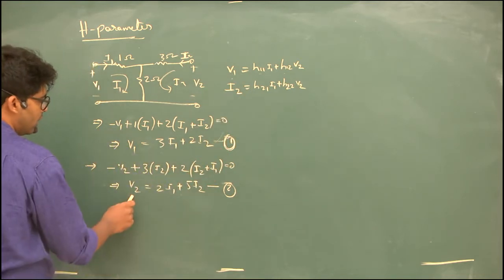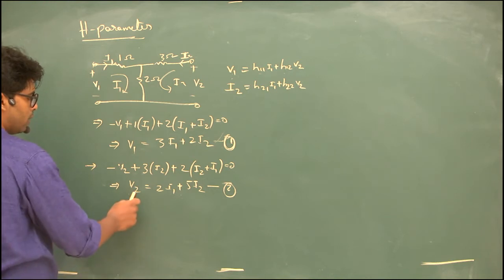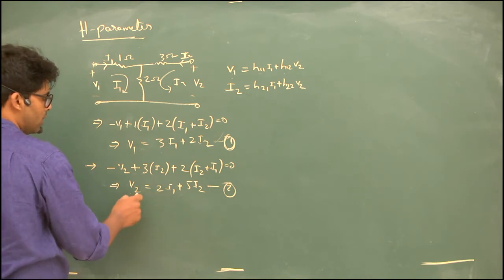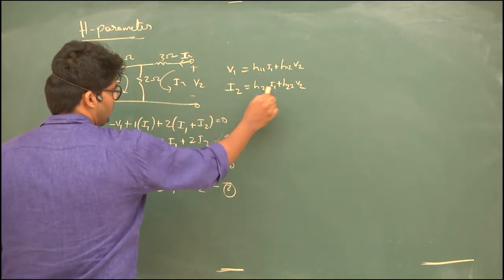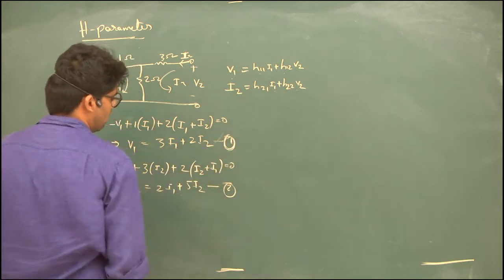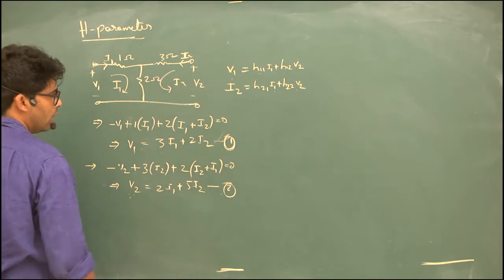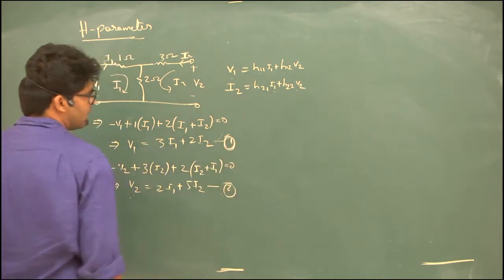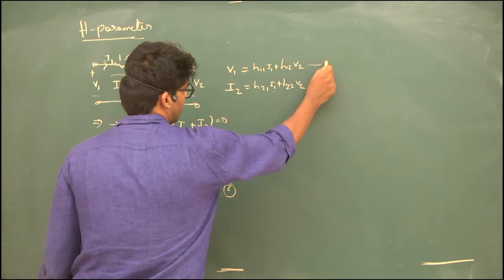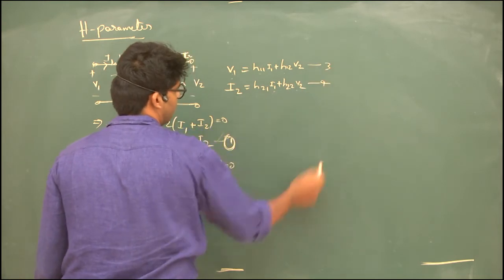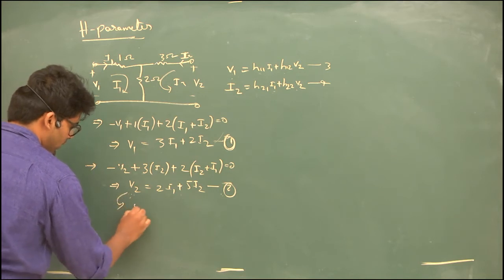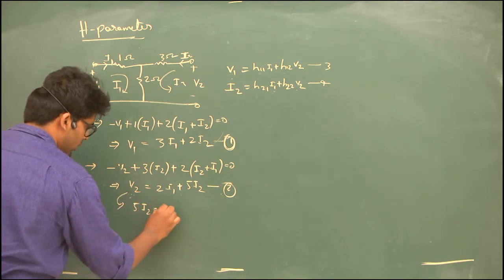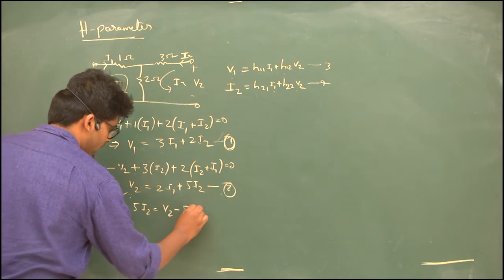Now if you look at equation 2, the variables are V2, I1 and I2. If you change equation 2, keeping in mind this equation, let us call this equation 3 and this equation 4. Changing it, 5I2 equal to V2 minus 2I1.